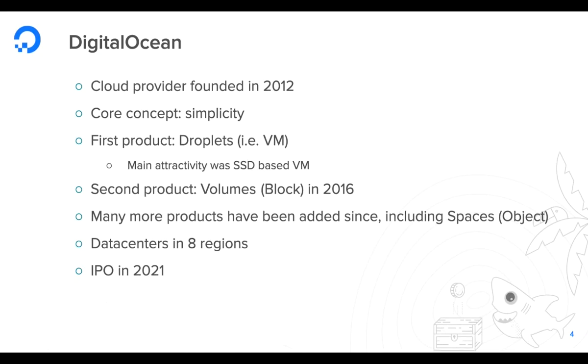But if you go onto the website, you'll see many more products such as managed databases, managed Kubernetes, one-click app deployment, and a lot of other very cool stuff. In terms of global footprint, we have data centers in 8 regions, with each region having multiple data centers as well. And in terms of lifecycle of the company, one very important event happened about 6 months ago with our IPO earlier this year.